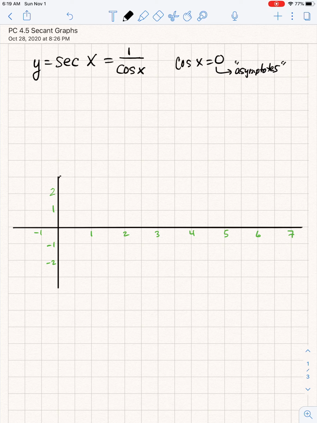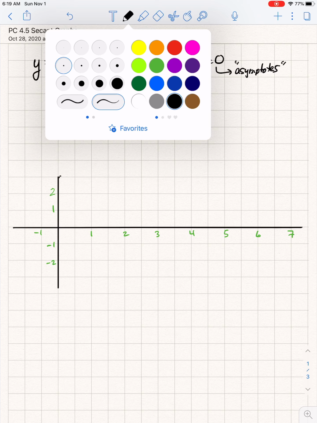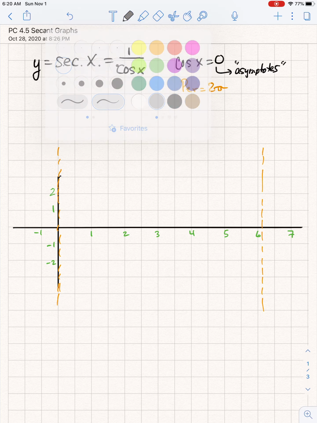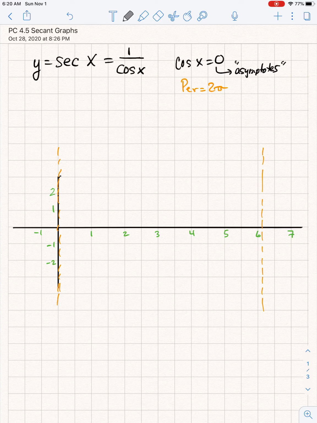All right, so let's start this one out. I'm first going to have us draw a cosine graph, just a nice, pretty parent function cosine. We know cosine has a period of 2 pi, so I'm going to mark that out first, from 0 to 6.28. I'm going to put this one in gray so it's kind of in the background.